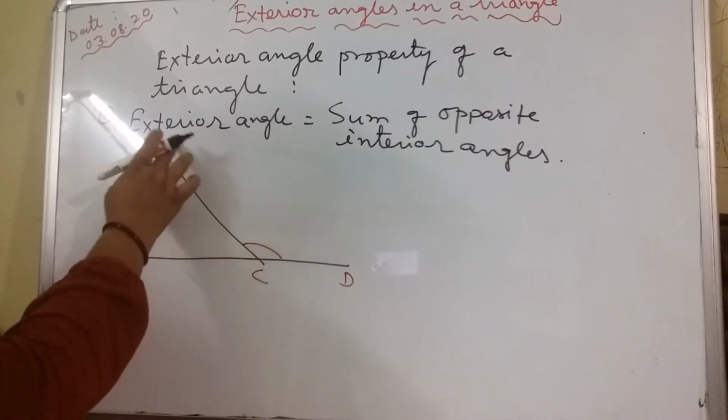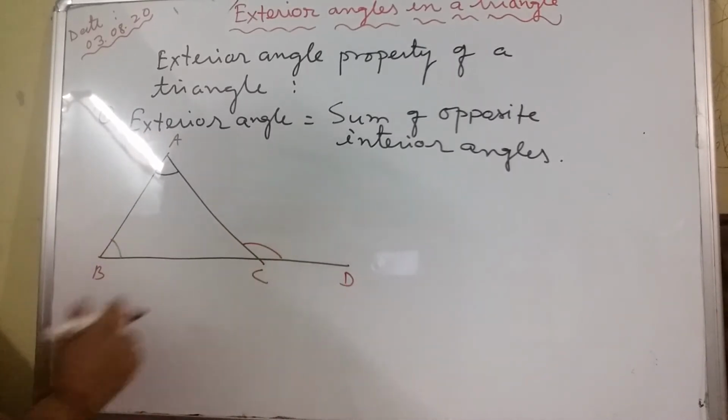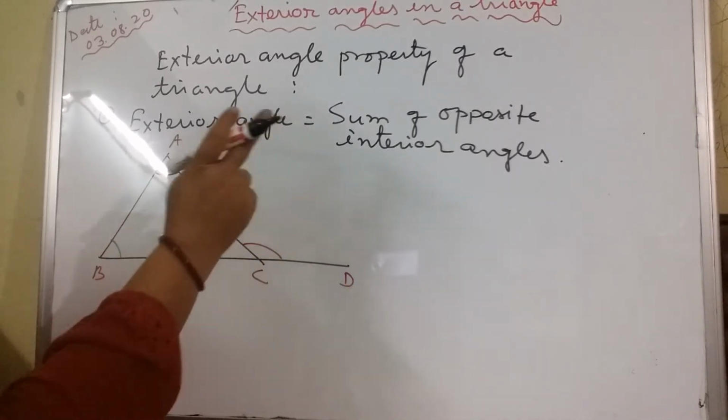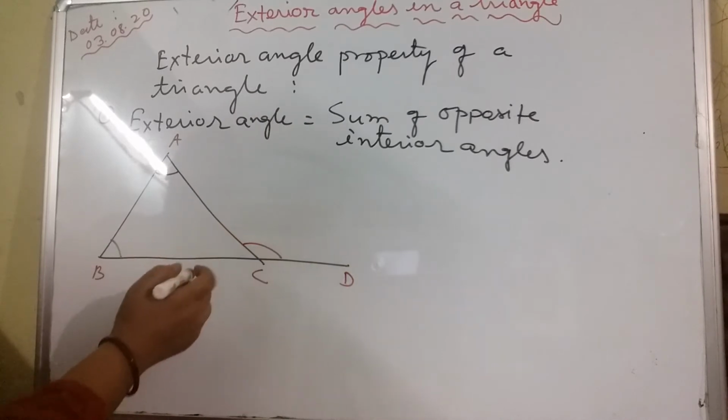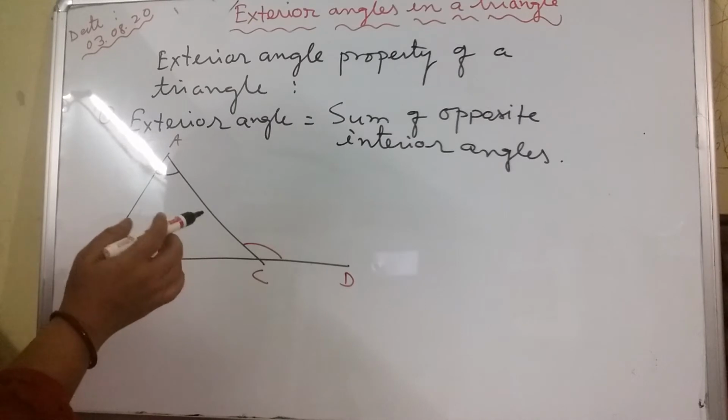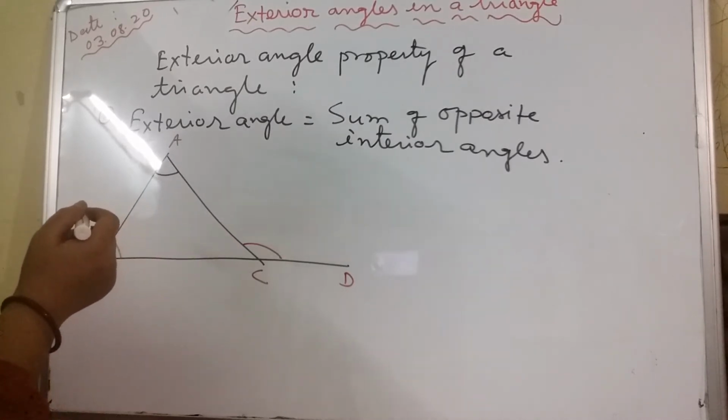Okay, this angle will be equal to the sum of opposite interior angles, and it is having three interior angles which are not all the opposite interior angles.